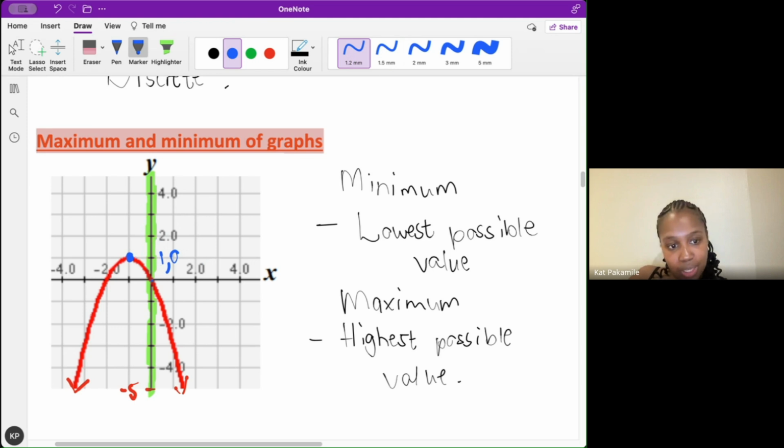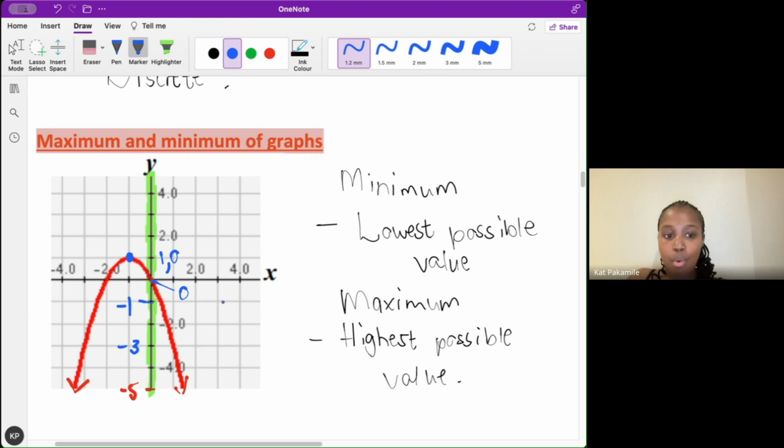What is the value of y where the axes cross? It's 0. And then here it is -1, -2, and then -3. Now let's look at that turning point, which is 1. Are the values of y getting greater or are they getting smaller?